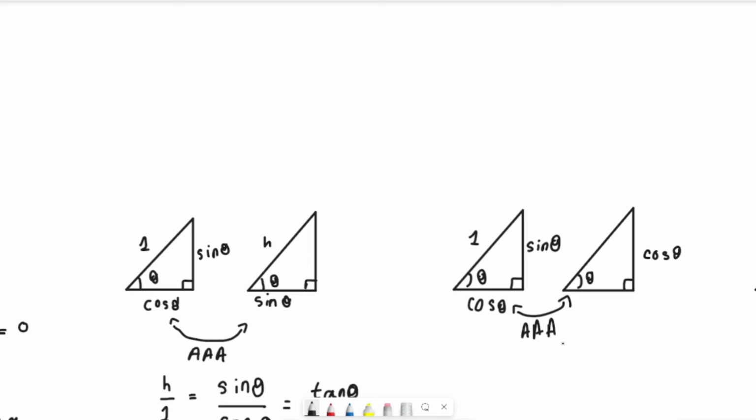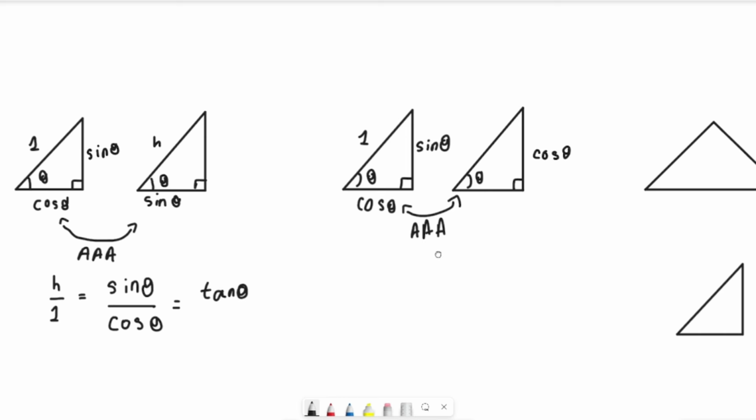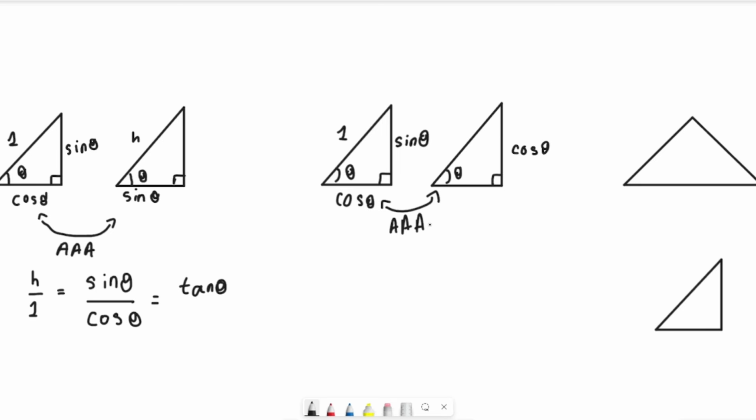So if these triangles are similar, and we notice over here we want to find the hypotenuse again, we can label this h, and we can use the same ratio we used the last time. We can get h over 1 is equal to cosine of theta over the sine of theta.